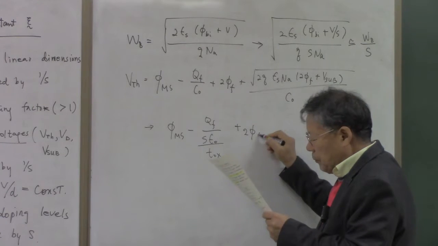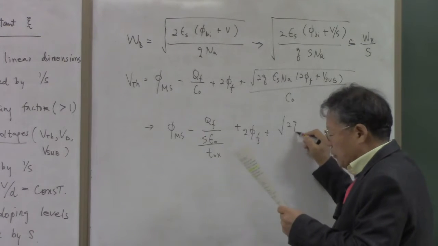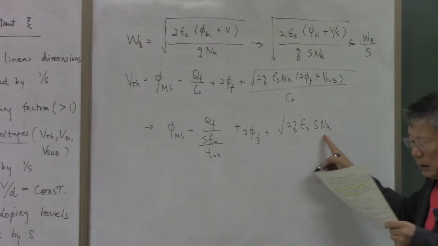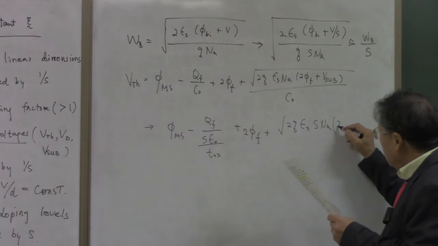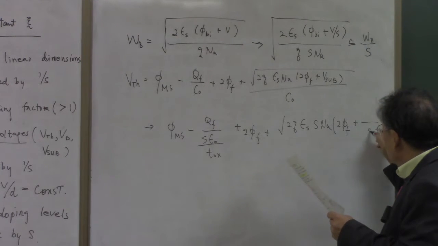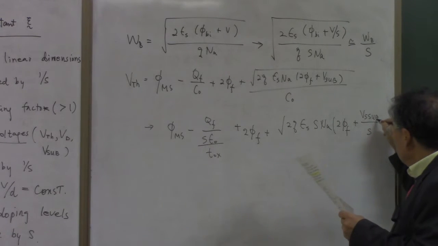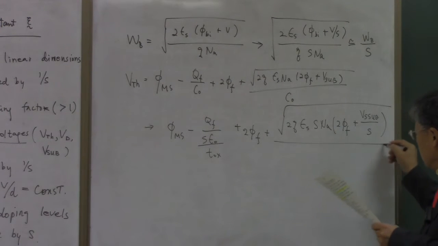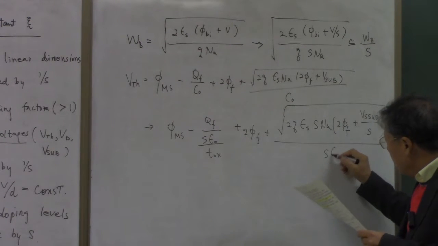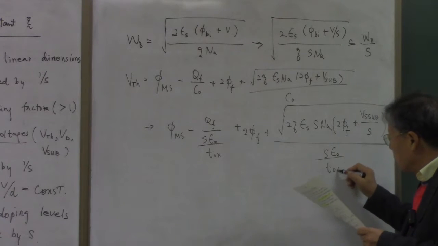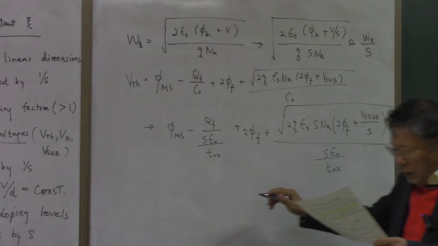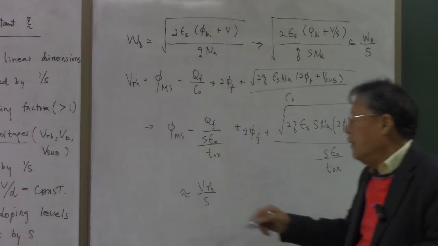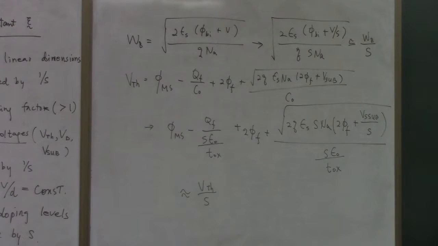And then you have Q. You increase the substrate doping level by a scaling factor, and the substrate voltage is scaled by the factor, and then you apply all these scaling factors to this equation, and you end up with the threshold voltage being scaled by 1 over S like this.